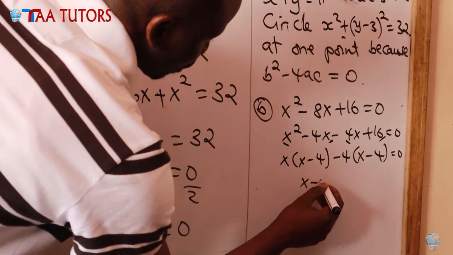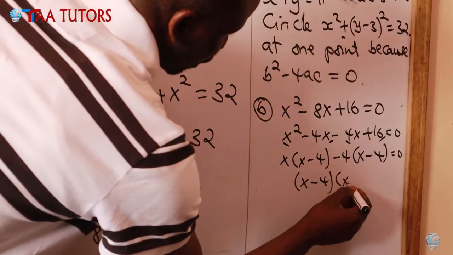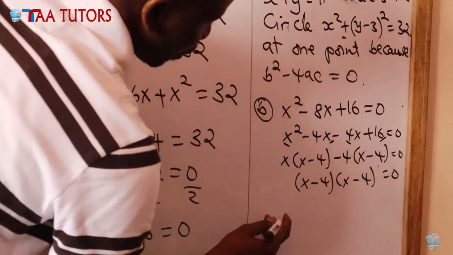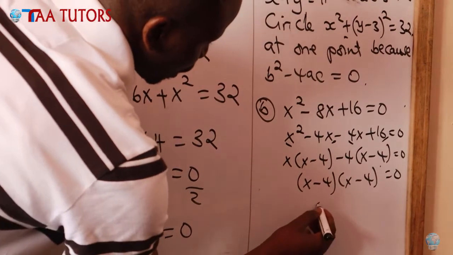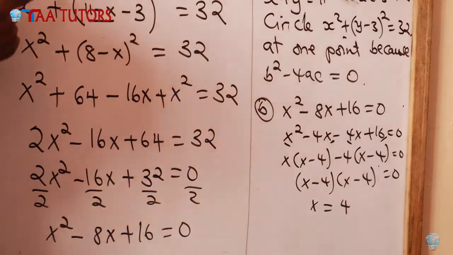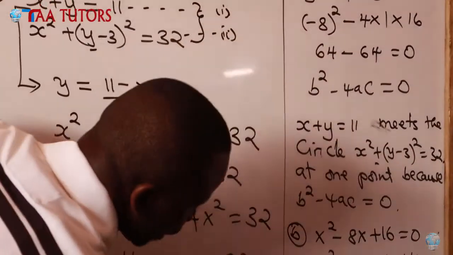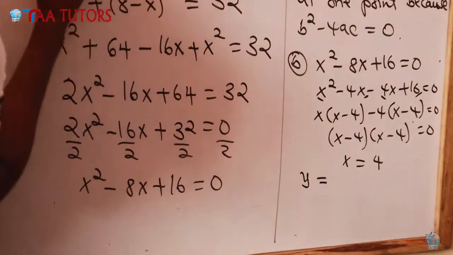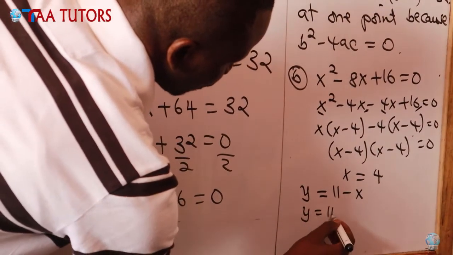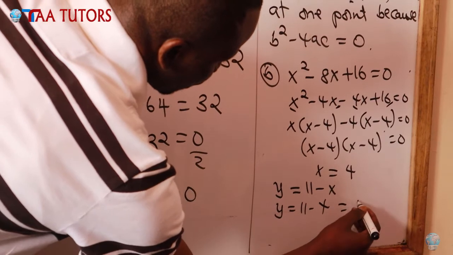So in this case, (x − 4)(x − 4) = 0, and what we can say is that x = 4. If x = 4, and we know that y = 11 − x, so y = 11 − 4, which is 7.